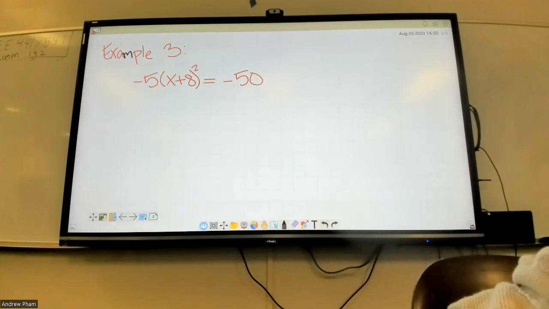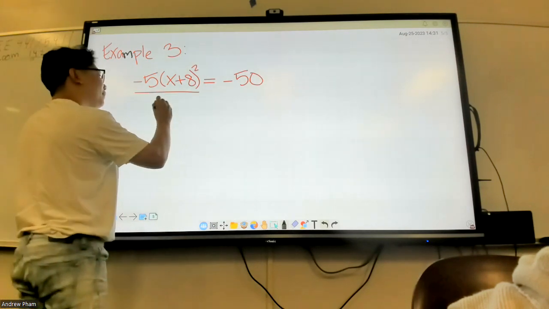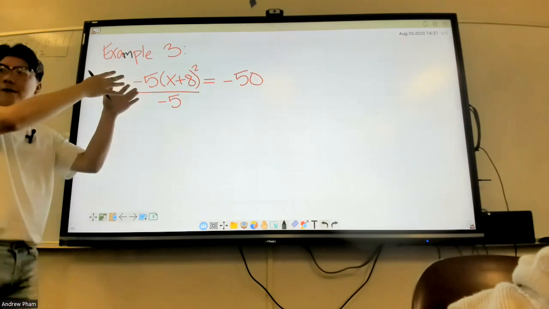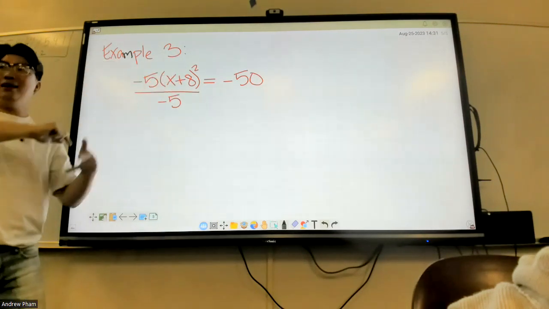So looking at this, one thing that we do have to be careful about for distributing, we're actually not going to want to distribute -5 because remember, we have PEMDAS. Exponents happen first before multiplying. So I don't want to distribute that -5. So we're actually going to go ahead and divide by -5 because this is -5 times what I need.